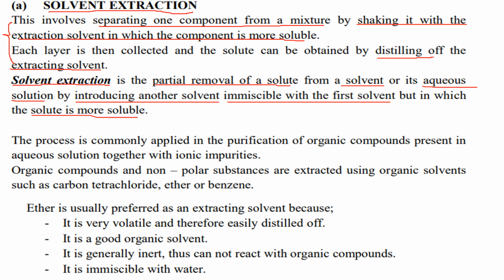The only way to do that is by introducing another solvent, but that solvent must be immiscible, and at the same time it must dissolve the solid present in the other solvent more. So it is the partial removal of a solid from a solvent or its aqueous solution by introducing a solvent that must be immiscible with the first solvent that is containing the solid.